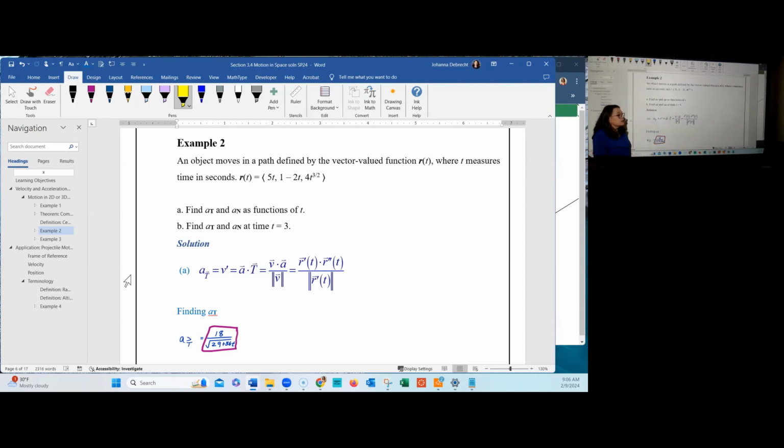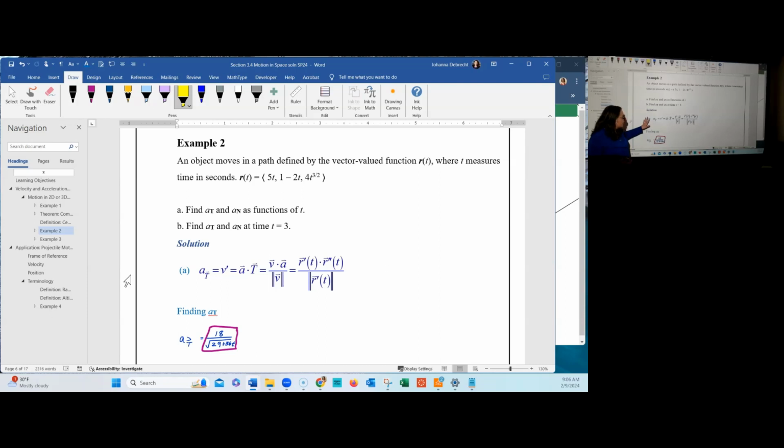We want to find the tangential component of acceleration and the normal component of acceleration as functions of t. Remember, these are scalar valued functions. They're real valued functions. They do not include the normal and the tangent vectors. And then we want to find them at a particular point in time.